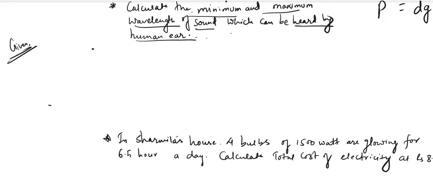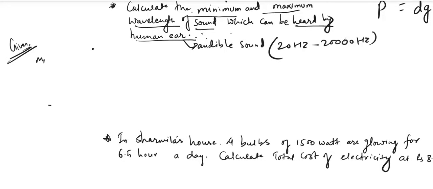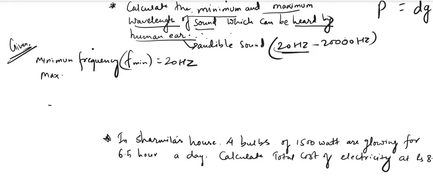The sound which can be heard by human ear is obviously audible sound, and the frequency of audible sound is 20 hertz to 20,000 hertz. So minimum frequency is equal to 20 hertz and maximum frequency is equal to 20,000 hertz.